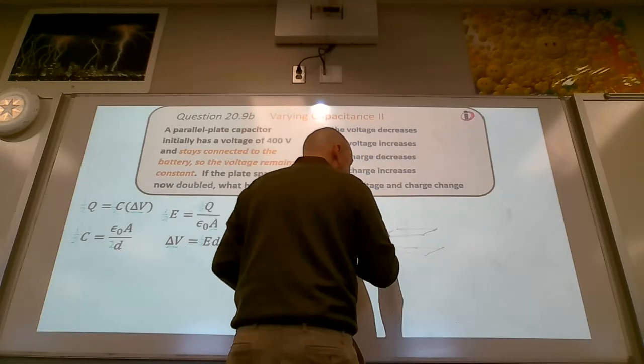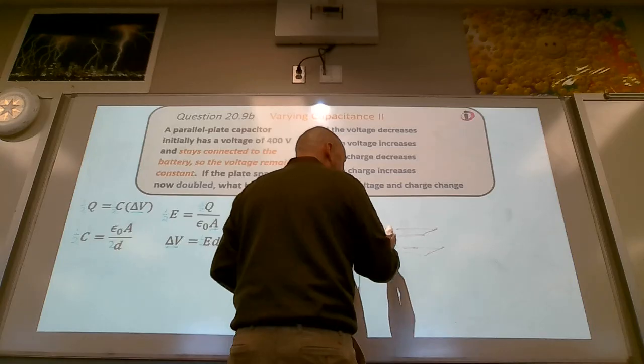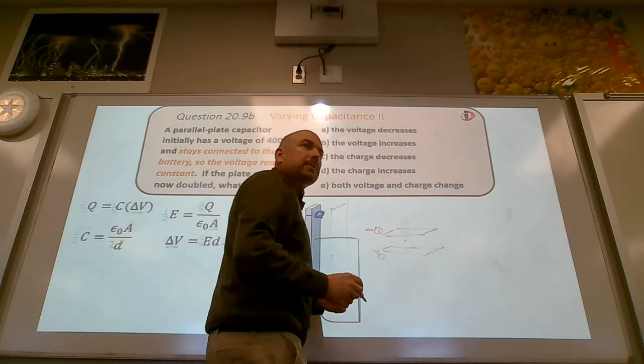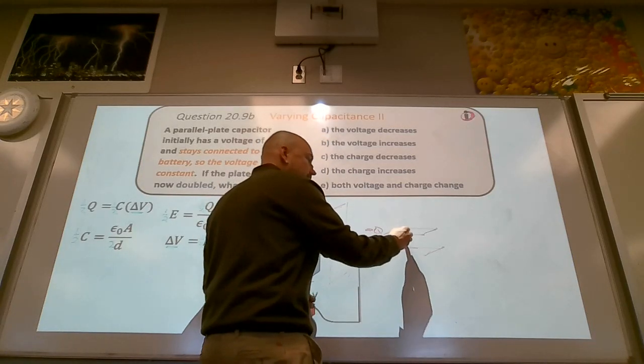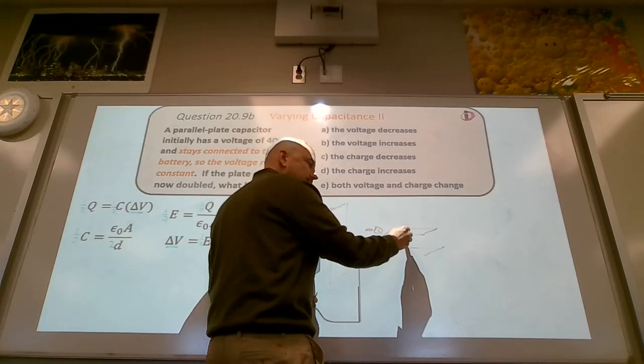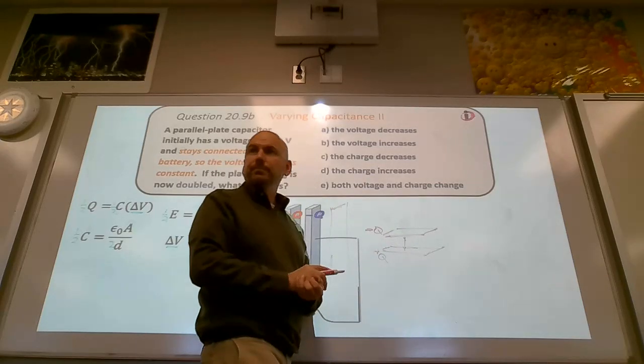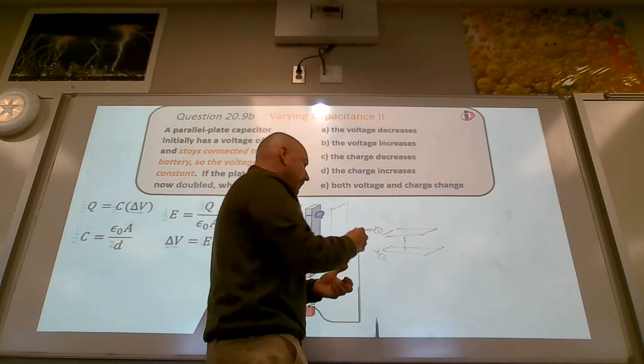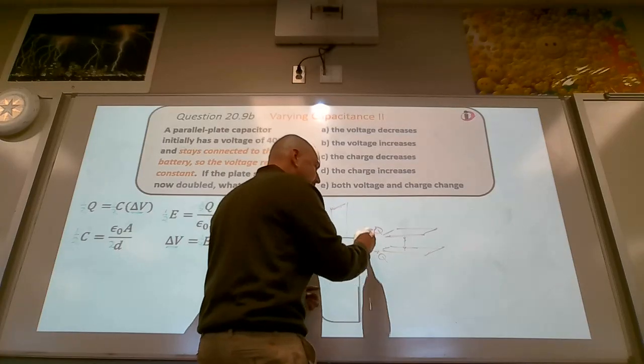Here's your positive plate, here's your negative plate. An electron here has a certain amount of potential energy. It wants to go this way, because there's a certain amount of electric potential difference.